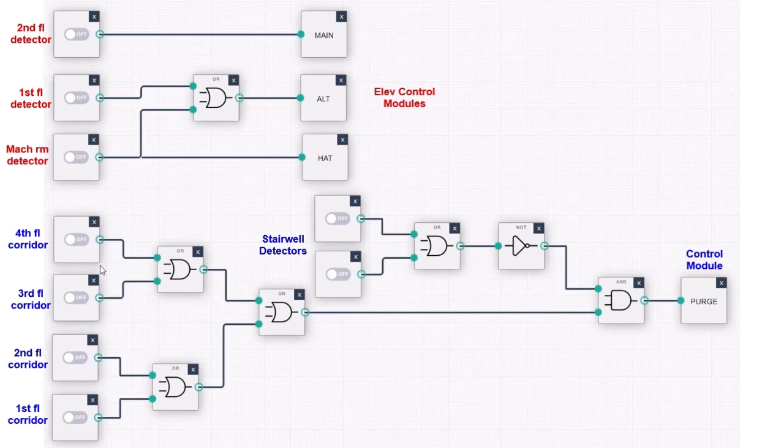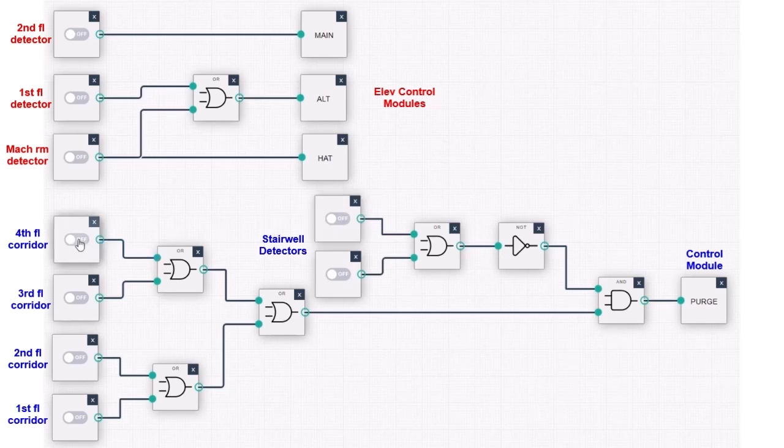In this example, this is for a smoke purge fan, and we're ORing together the corridor detectors on all the floors, connecting to this AND gate. This AND gate is connected with OR through a NOT gate, and these 2 detectors are in the stairwell, and what we want to do is make it so that the smoke purge fan will not run if smoke is detected in the stairwell.